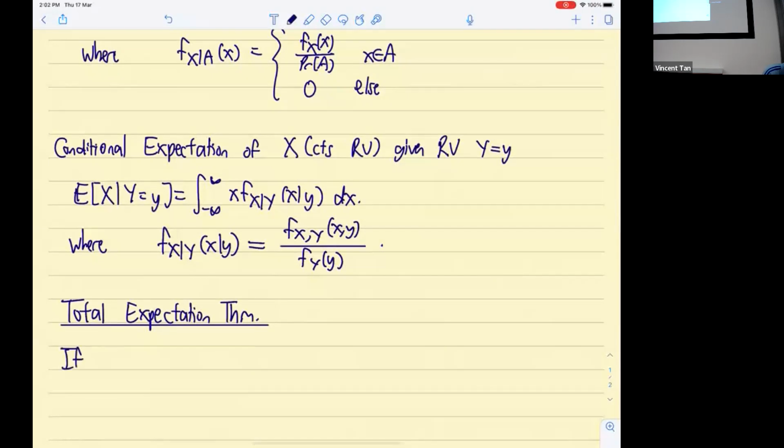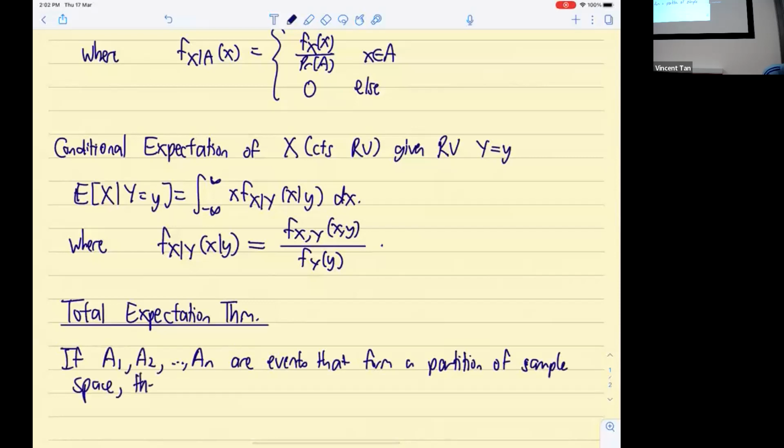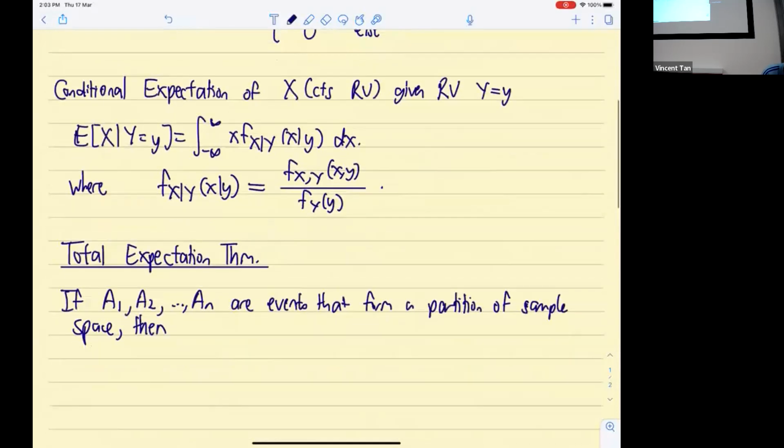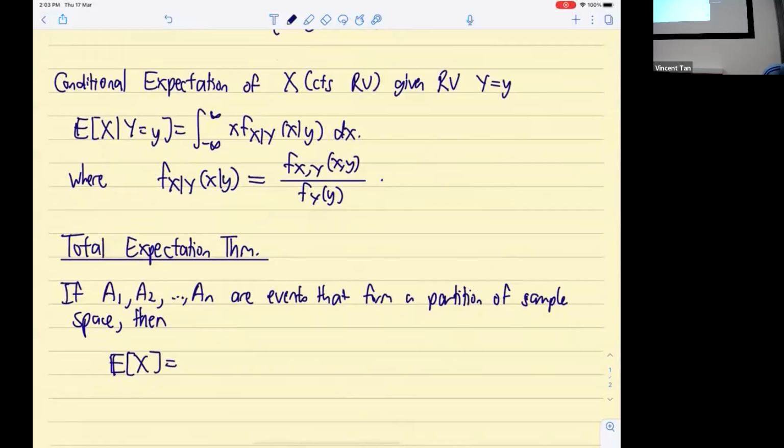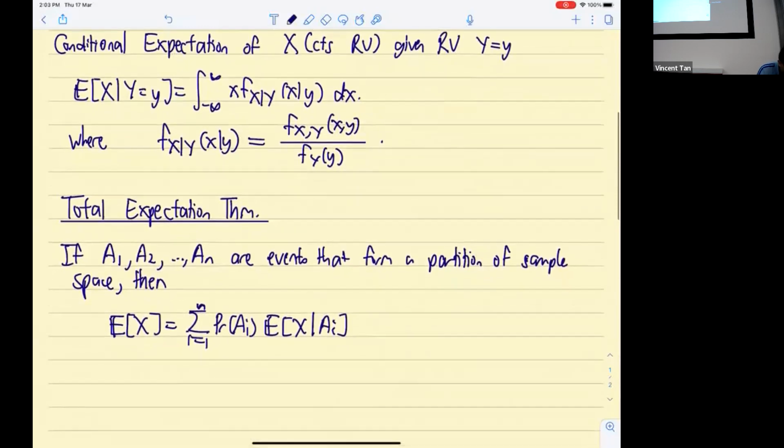So here it says, if we've seen this many times in different forms, if A1 to An are events that form a partition of the sample space, then we can adopt a divide and conquer approach to find the expectation. So you can sum over these constituent events, probability of Ai, and you can look at the expectation of x given Ai, and we will see some examples of how we use this in a very short moment.